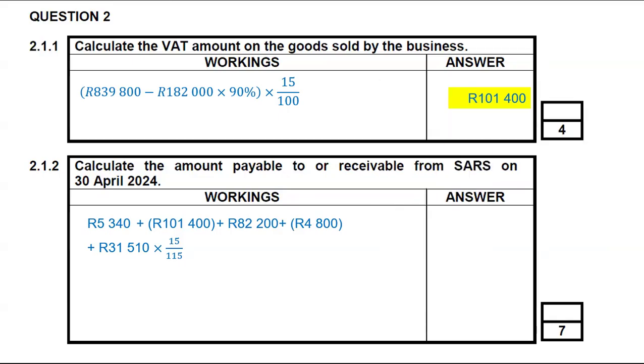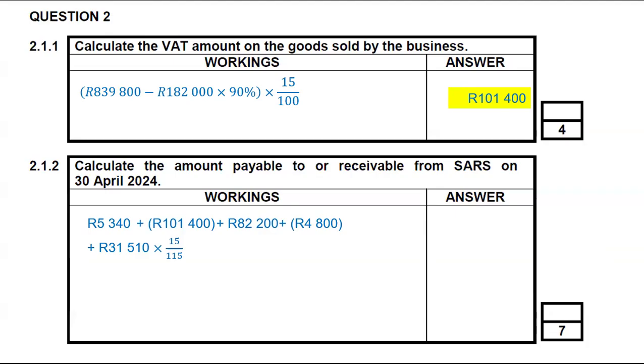If your answer here is negative, it means that we owe SARS, so the amount will be payable to SARS. If it is positive, it means SARS is owing us. Negative is due to SARS. Positive is due to us by SARS. You got it? You sure?